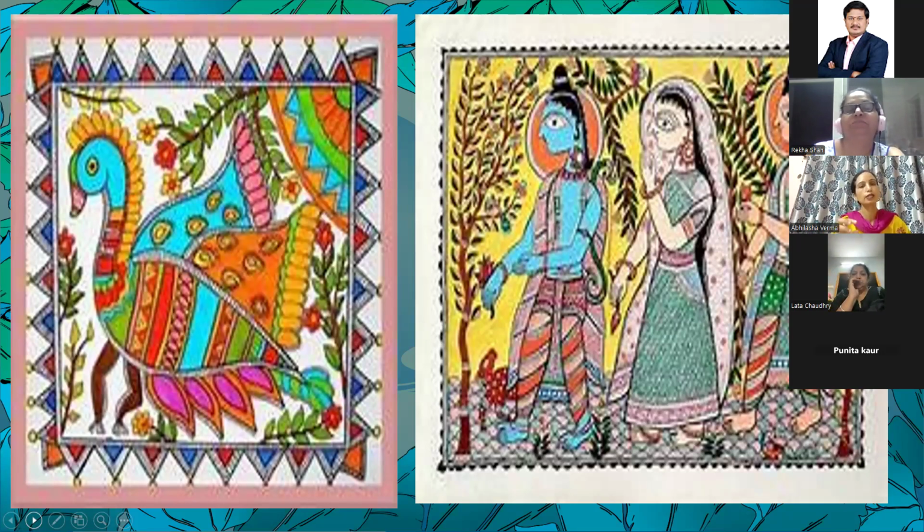Natural colors like turmeric, colors from flowers, rice powder, these things were used in coloring. And the Madhubani painting is basically related to nature. So these two pictures I have taken to show what exactly Madhubani painting is.